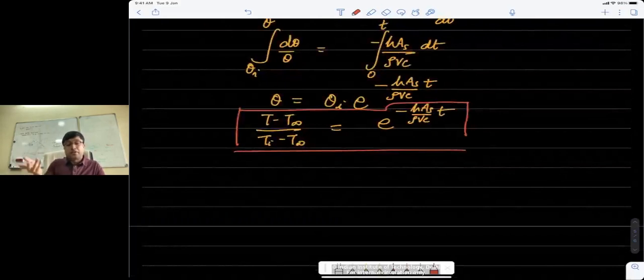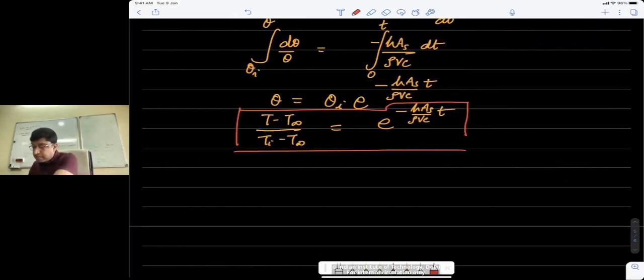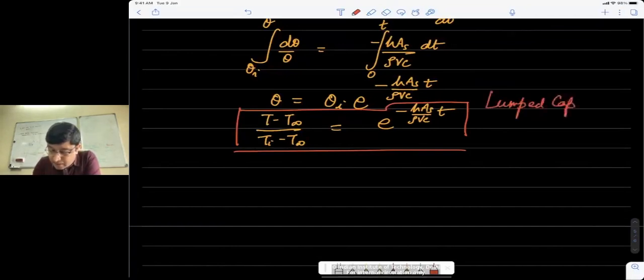If I put the question the other way around, I say that maybe the surface temperature is measured to be some degree Kelvin, so what is the time after which this measurement has been made? Again, from the same equation, I can determine what time it would be. Okay. So this is the simplest possible model, and this model is what is called a lumped capacitance model.